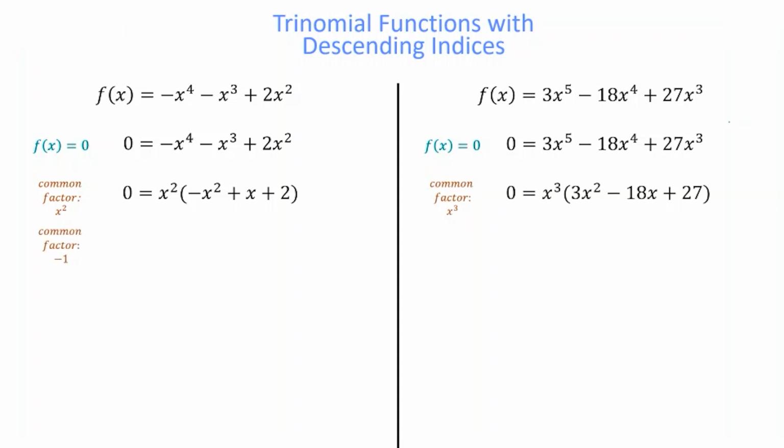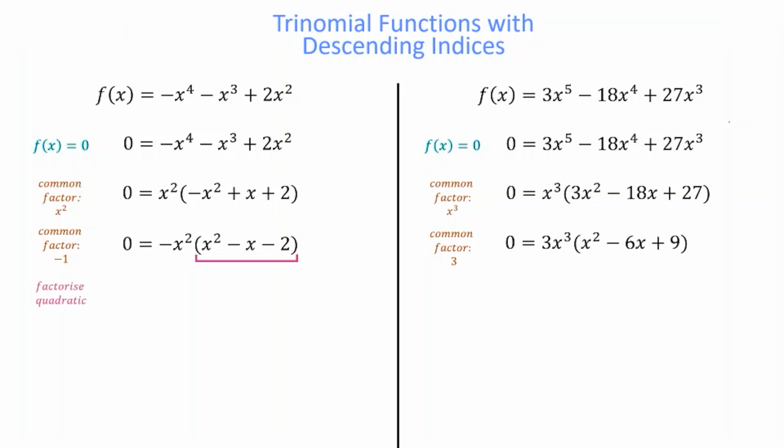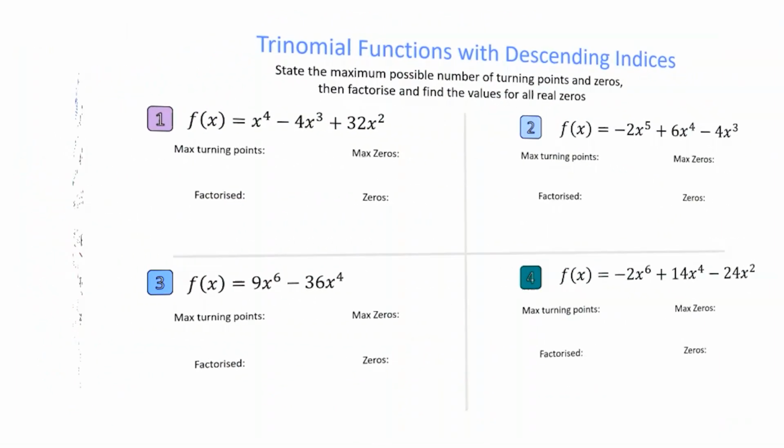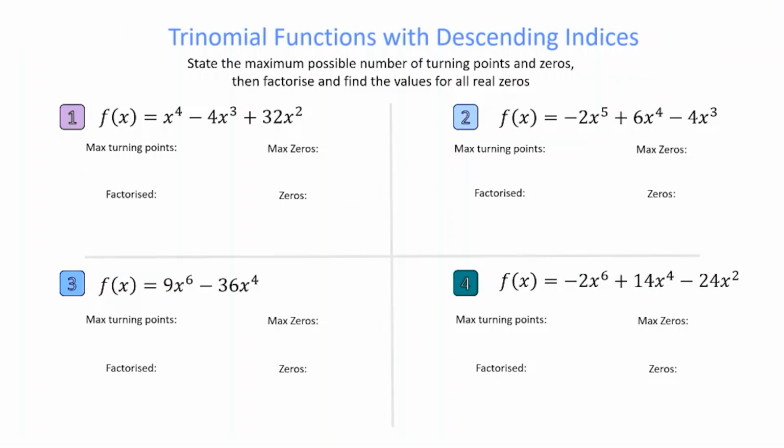I then have a common factor of minus 1 inside the bracket, so I can take this to the outside. I then factorize my quadratic, and then find my solutions. Pause the video and play when you're ready for the solutions.